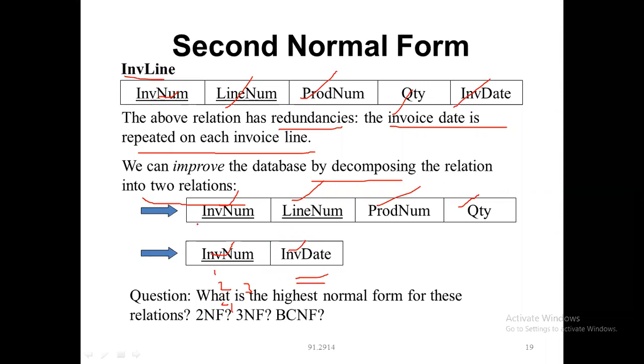When I have such things, it will be very easy for me to count how many orders are there on a particular date. I can say we have 4 orders on today's date, or I have 100 orders on a particular date.